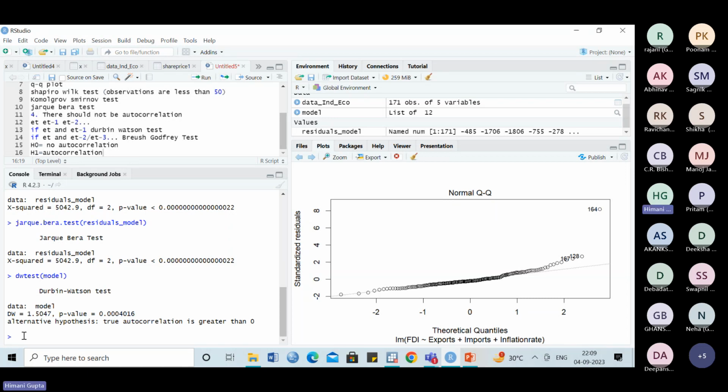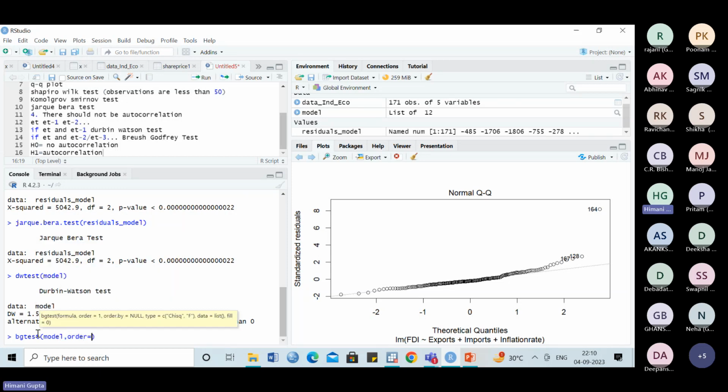Now, next is your Breusch-Godfrey test. For the Breusch-Godfrey test also, what should be the command? Till now, you are able to calculate what the command should be. Breusch-Godfrey, BG. Always use the abbreviation: B for Breusch and G for Godfrey, and test. Breusch-Godfrey test, and again your model, comma, order 3.